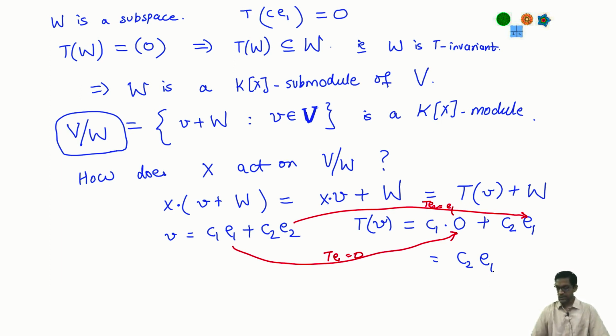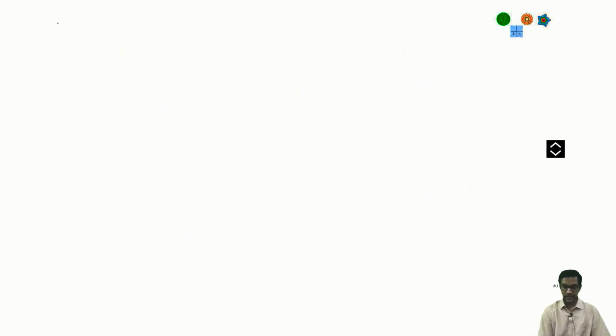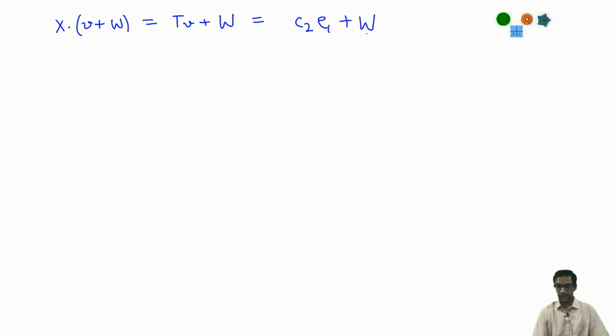But I am not looking only at Tv, I need to look at the coset Tv plus W. So my answer is that x acting on the coset v plus W is Tv plus W, but that's just c2 E1 plus W. But remember, W itself is all multiples of E1, so this element actually belongs to W. In other words, this is the same as the 0 coset.